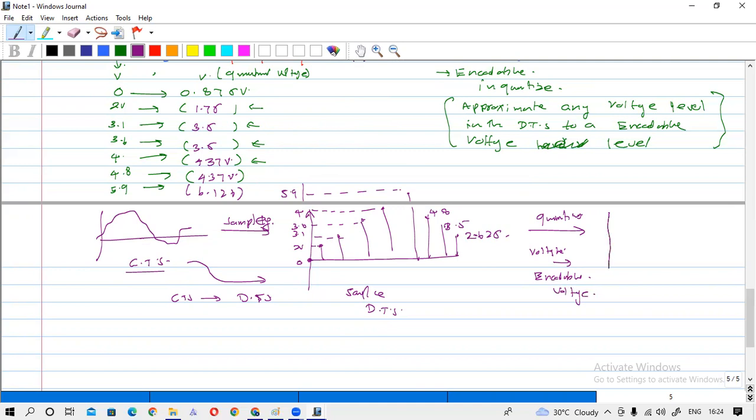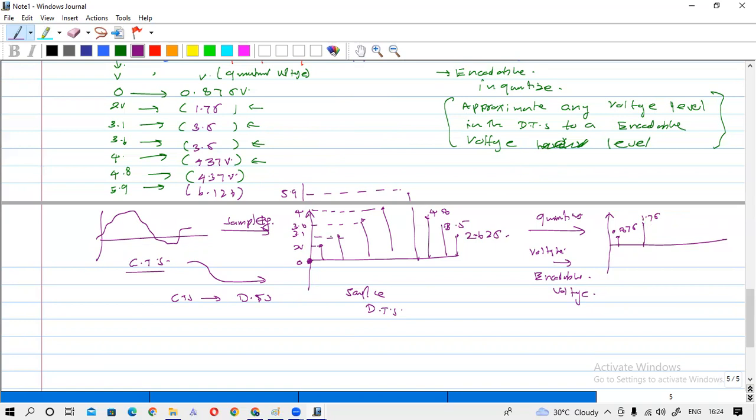So again you will have a discrete time signal, but these voltage levels are changed. So for example, you have to approximate this 0 to 0.875. And this 2 volt you have to convert to 1.75.